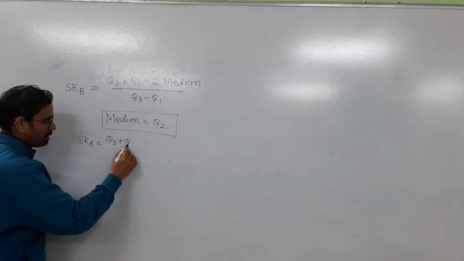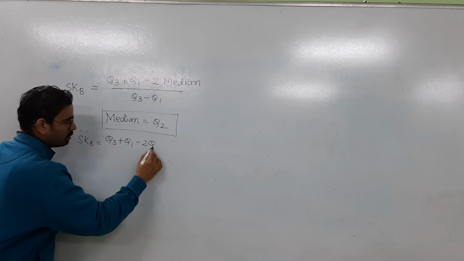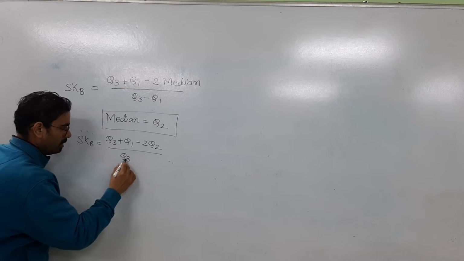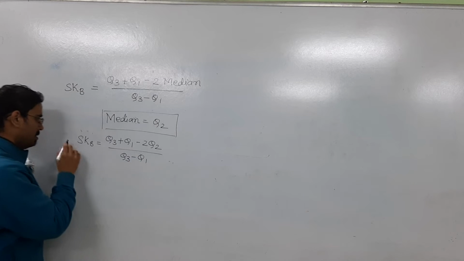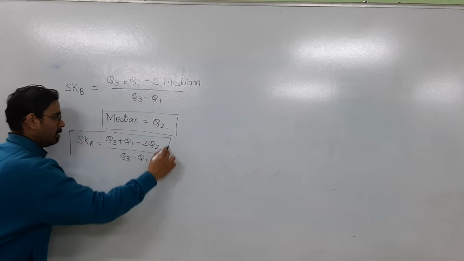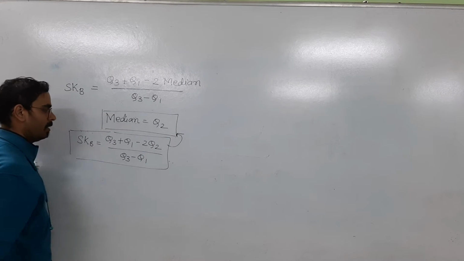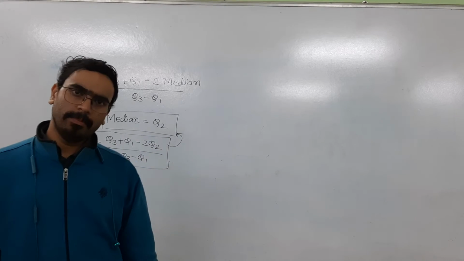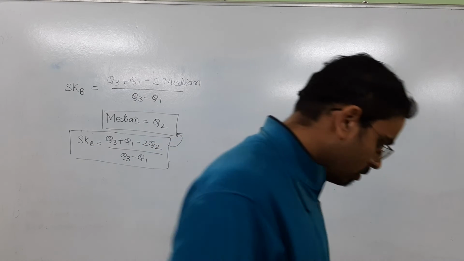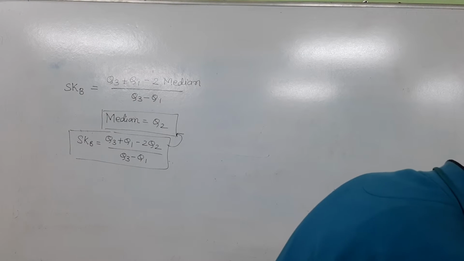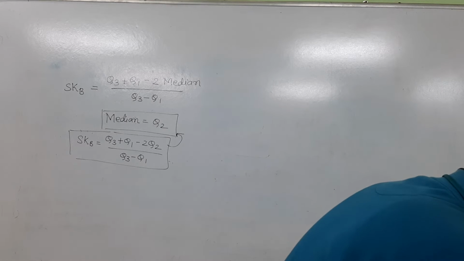Q3 plus Q1 minus 2Q2 divided by Q3 minus Q1. So you can also remember that formula, but you have to remember this thing also. Q2 is nothing but the median. Okay? So we got all the formulas of coefficient of skewness.